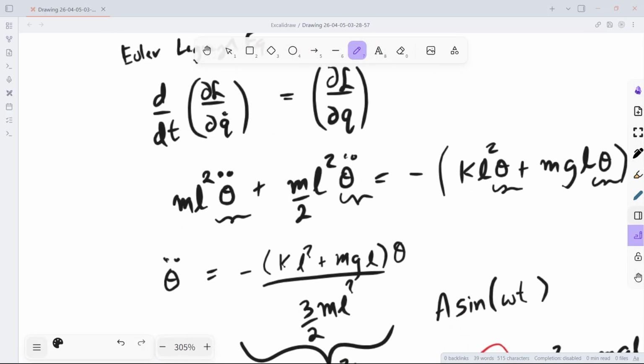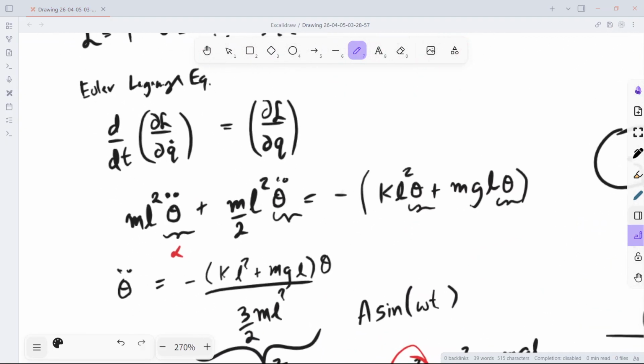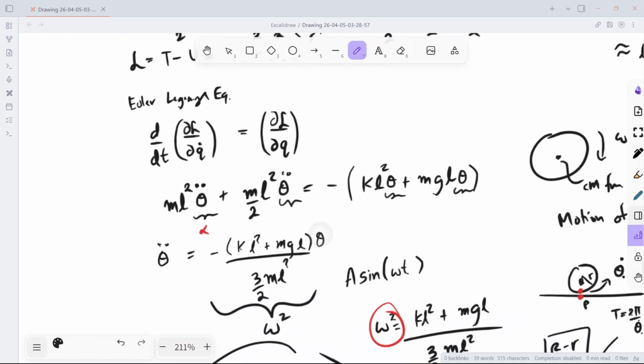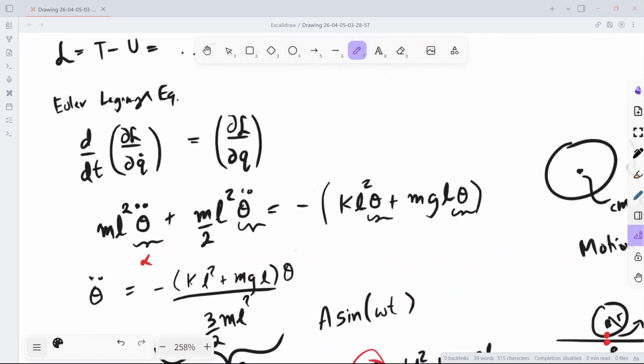Notice this is just your angular acceleration, but divided by 2, which comes from that moment of inertia having that divided by 2 part.